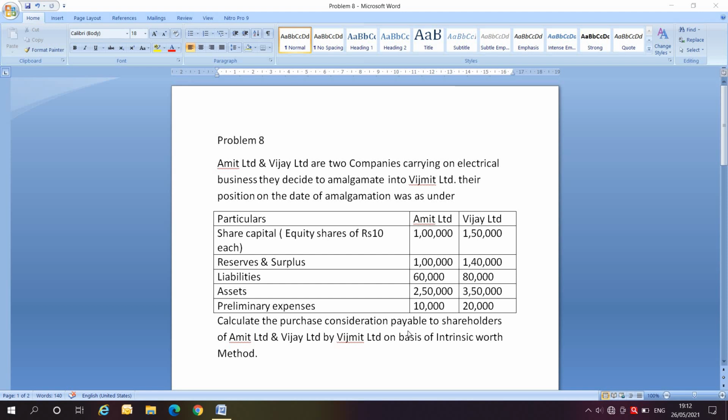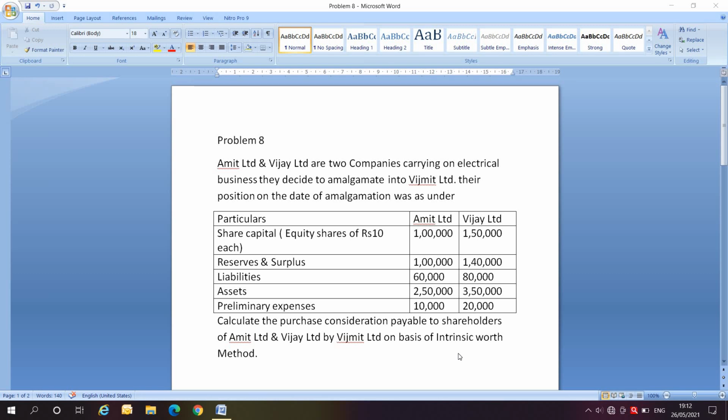Calculate the purchase consideration payable to shareholders of Amit Limited and Vijay Limited by Vijmit Limited on the basis of intrinsic worth method. The important point to note while solving the problem is they clearly mention the method of purchase consideration. That is, you are supposed to make use of the intrinsic worth method.